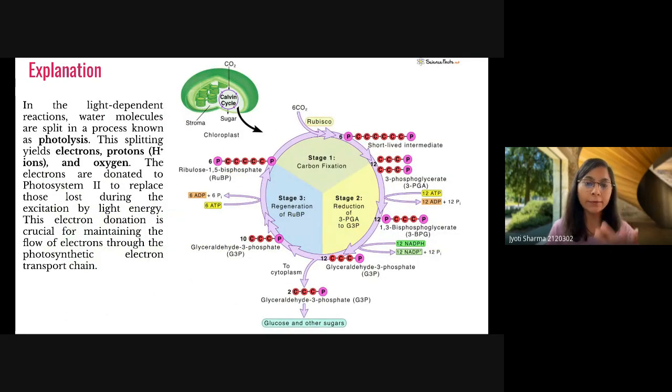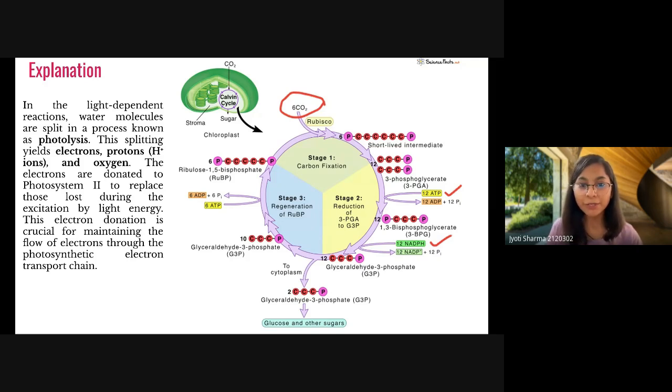Okay, let me also explain this. One slide also added here. After this light dependent reaction, there is a dark reaction, and as I told you, the CO2 will be used, and we have created ATP, we have created NADPH in the light reaction.